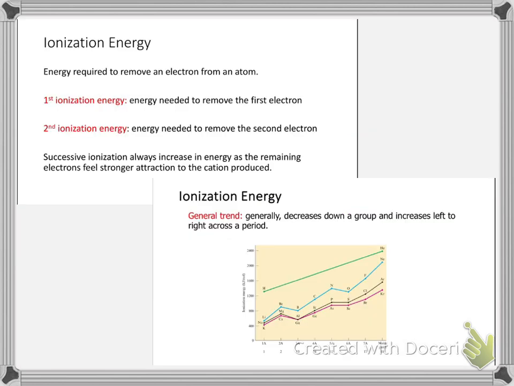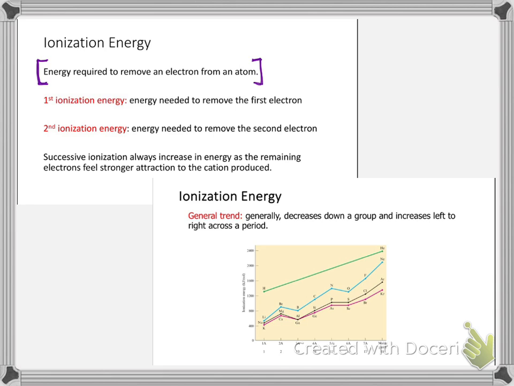So let's look at the third and final trend, ionization energy. We have not talked about ionization energy before, and the definition is right here. When you form an ion, an electron is either lost or gained.